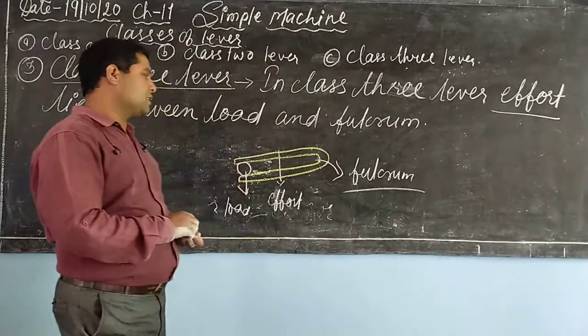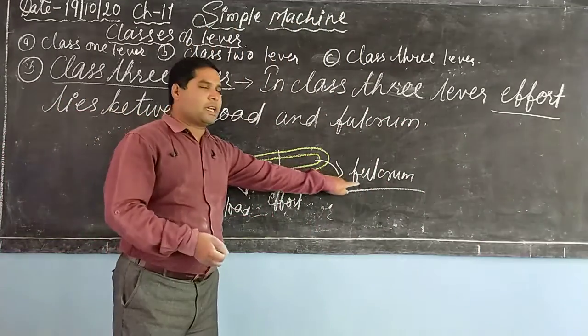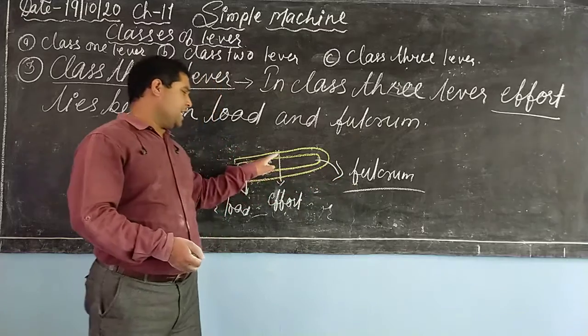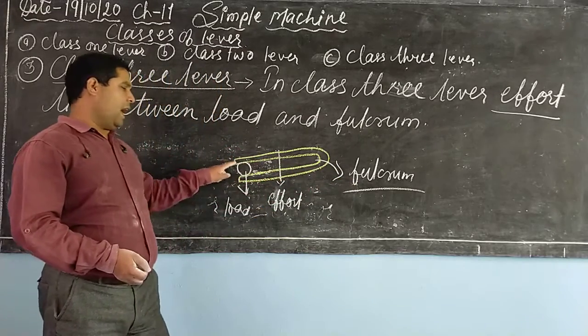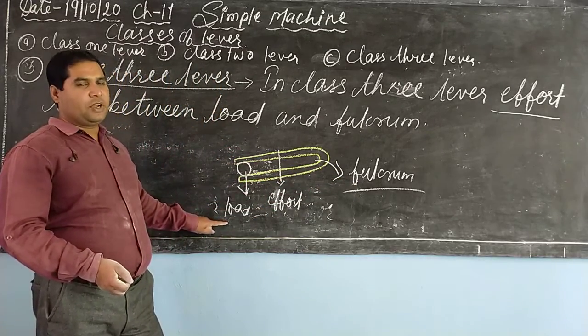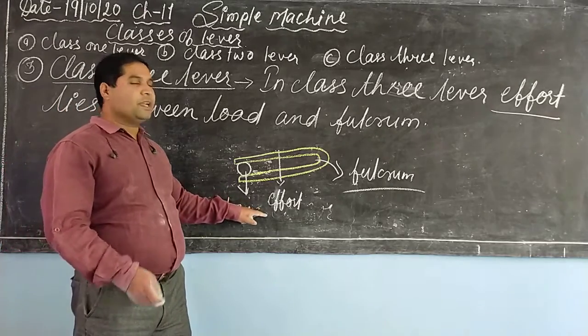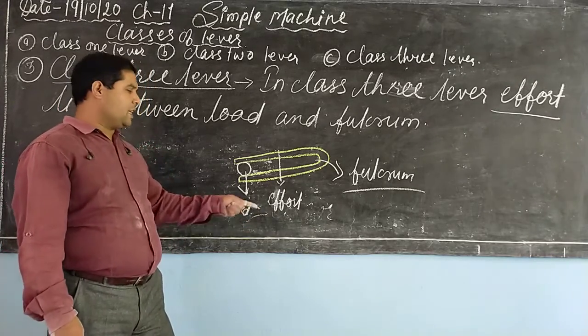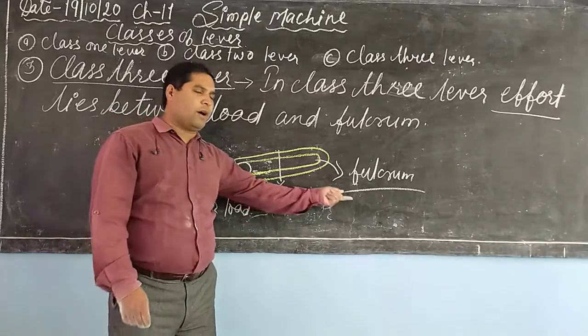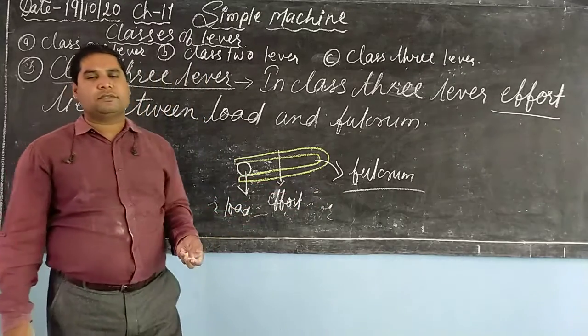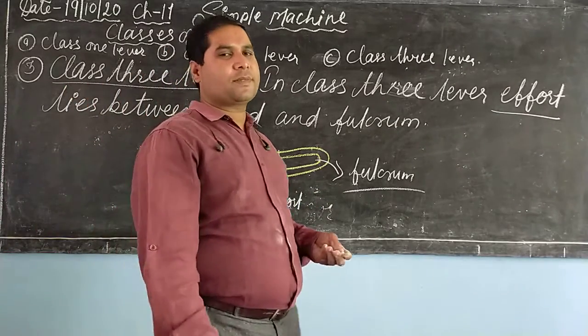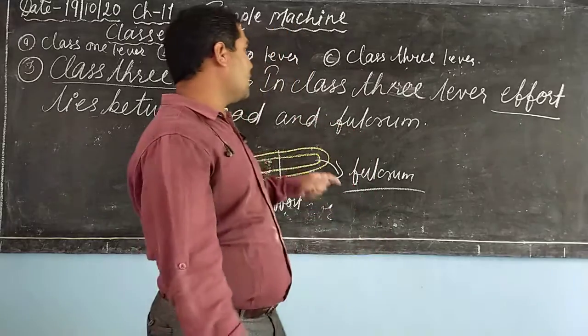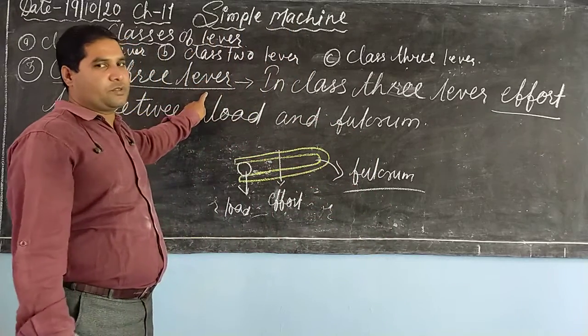So in class 3 lever, fulcrum at one end, in between effort, and the last point load. So dear student, the type of lever in which effort lies between the fulcrum and the load comes under class 3 lever.